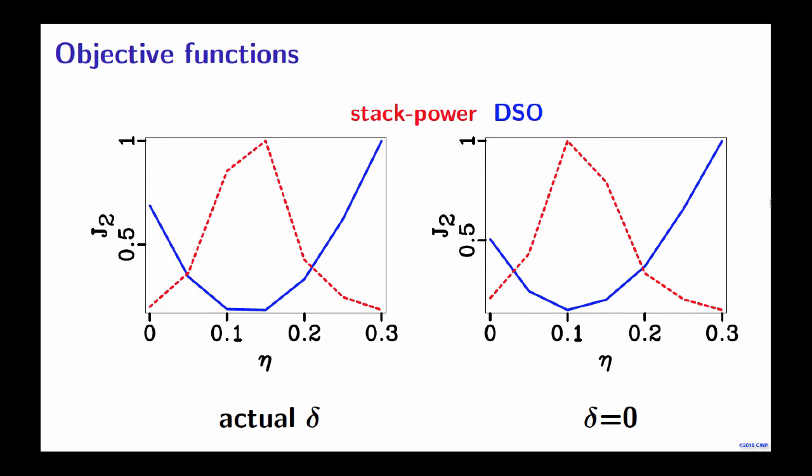So first, let's have a look at the DSO objective function for the actual delta. It is essentially flat between 0.1 and 0.15, which means that it is biased again toward lower eta. But if we compare this with the DSO objective function for different etas, but with delta equal to 0, we see that neglecting this parameter brings additional errors in the estimation of eta.